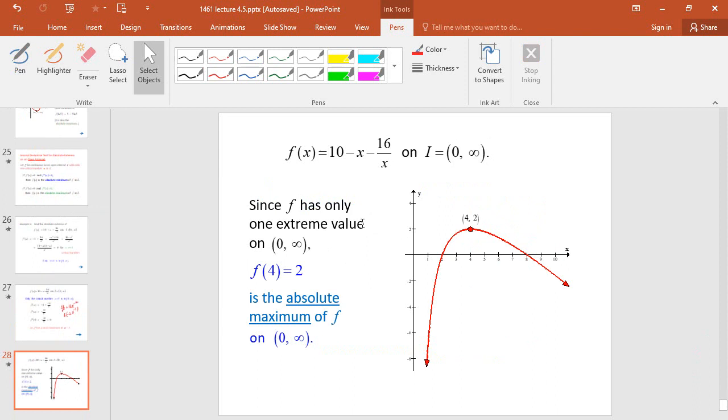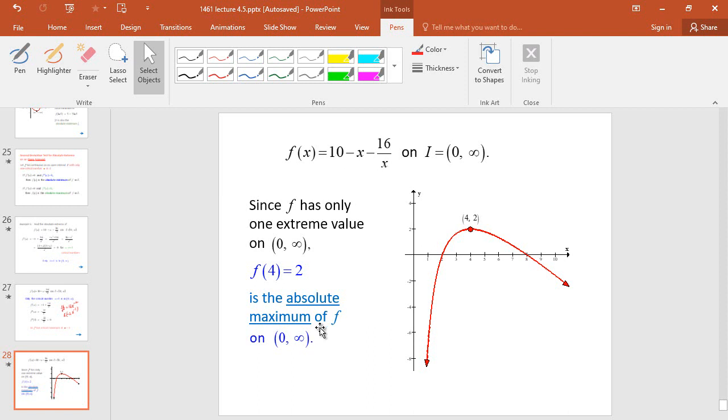So since f has only one extreme value on this interval, f of 4 would be 10 minus 4 minus 16 over 4, which would be 2.